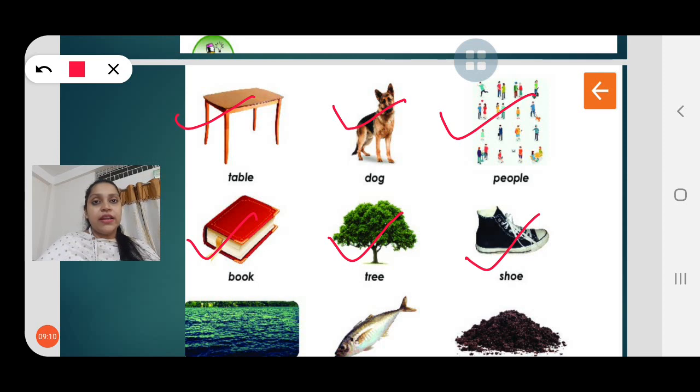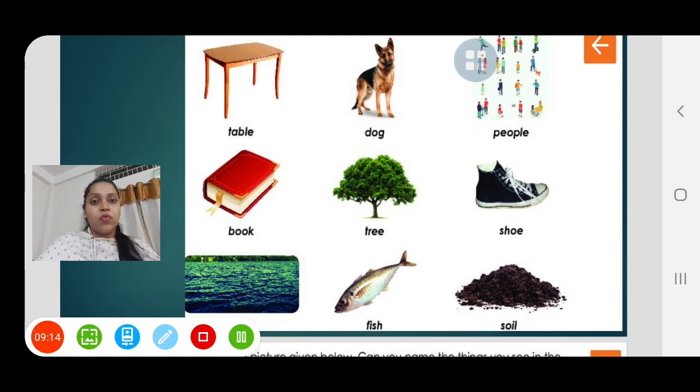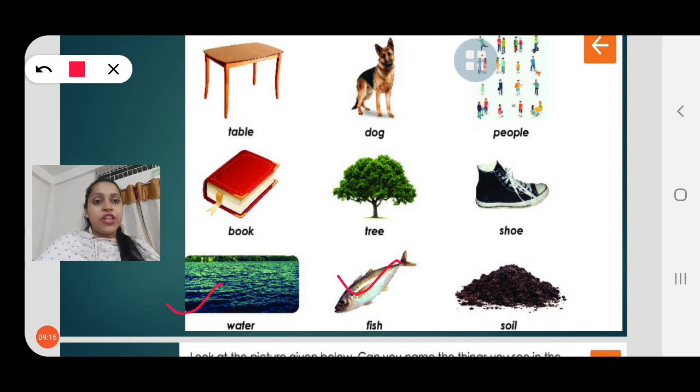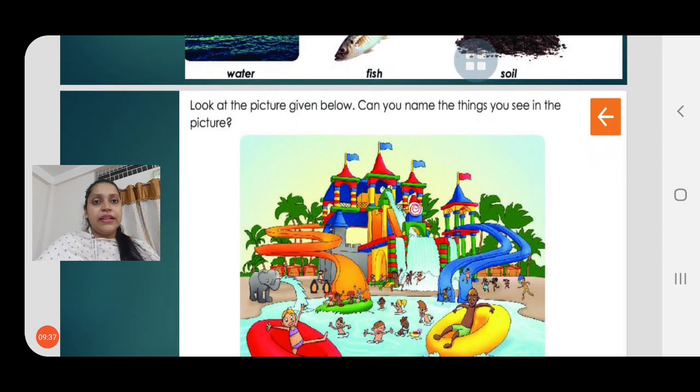Then I think here water is shown, fish is shown, then soil. So children, these are the various things. Not only these things, but many things are around us. These are some things which are shown in the book, but there are so many things around us, we all know.